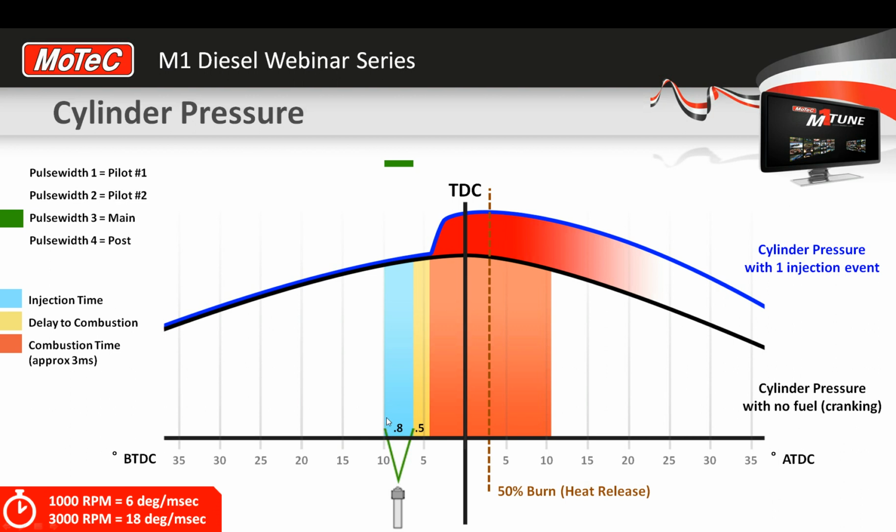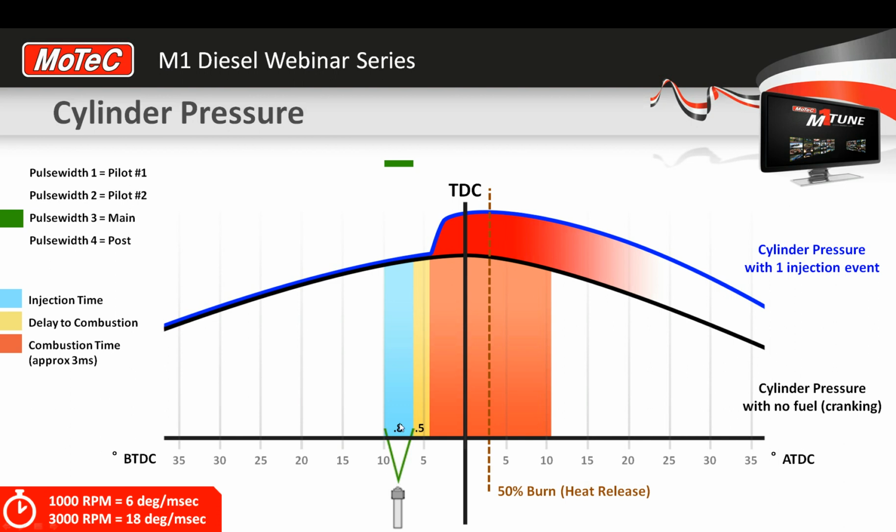I'm sure you've done the maths in your head. If we started at 10 degrees before top dead center and went for 36, that's 26 after top dead center. That's way over here before we've stopped injecting fuel. We then have our approximate half millisecond of delay and then the combustion would start. So you can see already that that would be way too late.